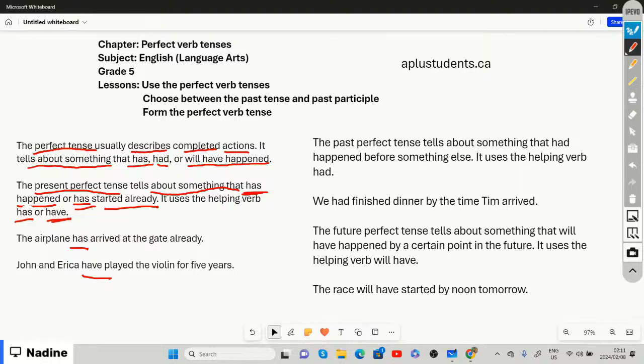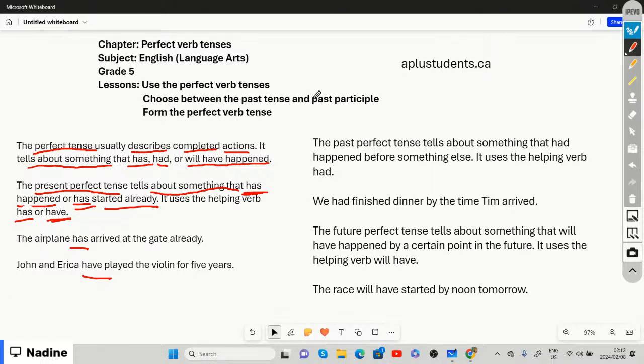And then we have the past perfect tense. Remember, we said that tenses have to do with either present tense, past tense, or future tense. When it comes to the past, the past is something that has happened already.